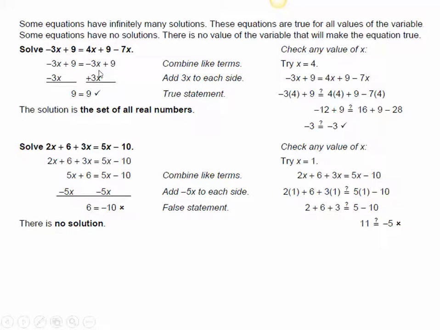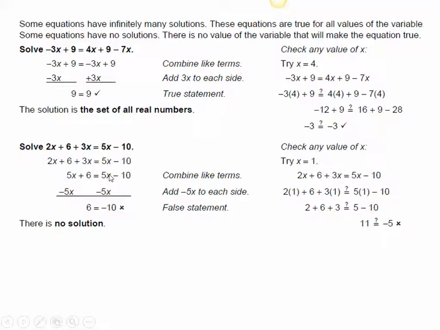We can try to get the variable together, like by the opposite of minus 3x is plus 3x. And when we do that, we get 0x. 0x is the same as 0. There's no x's left. So we get 9 equals 9. That's always true. If you get the exact same thing on both sides of the equation, then your answer is all real numbers.